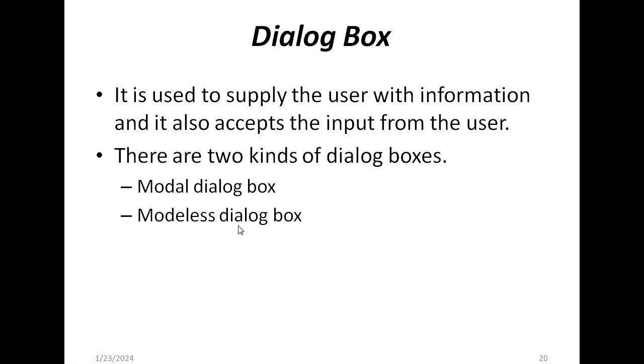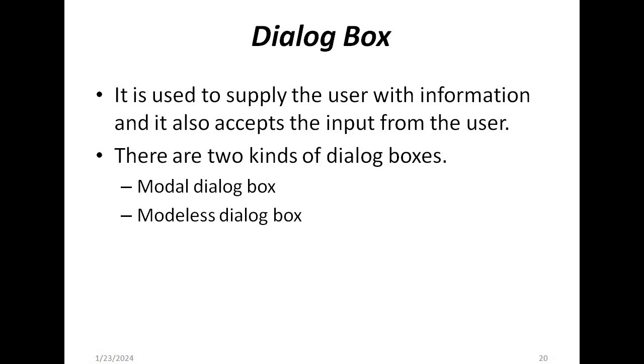So modal dialog box and modeless dialog box. If there is any information or a warning, then a dialog box will open in the window. The user will just close the dialog box, or click OK. Okay, so that will not get any input from the user, it will just alert the user about some content. Certain times it will be getting information from the user.